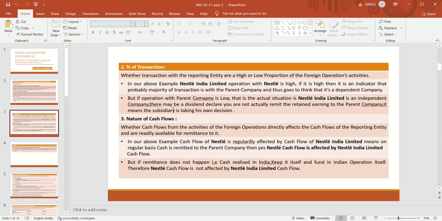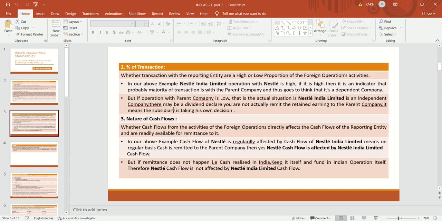Then it indicates that probably the majority of the transactions are with the parent. If the transactions with the parent company are high, it indicates that the subsidiary is a dependent company, and it works according to the direction of the parent company. And if the operation is low, as in the actual practical situation, Nestle India does not depend on Nestle. It's an independent company. That is the actual scenario.